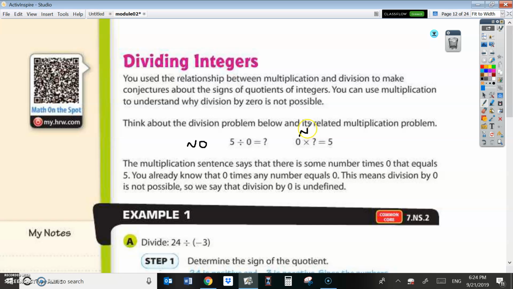And nope. So the multiplication sentence says there's some number times 0 that equals 5. You already know that 0 times any number is 0. This means that division by 0 is not possible. So you say division by 0 is undefined.